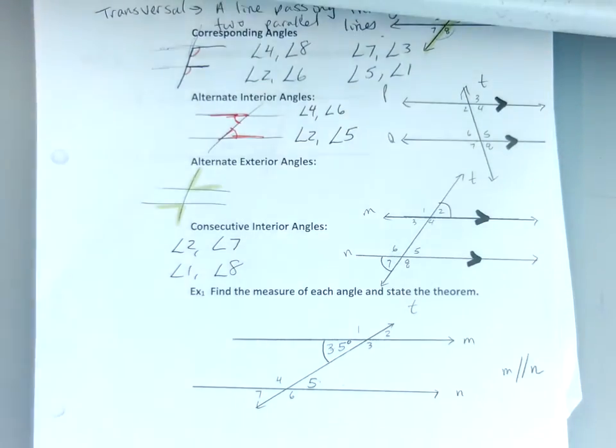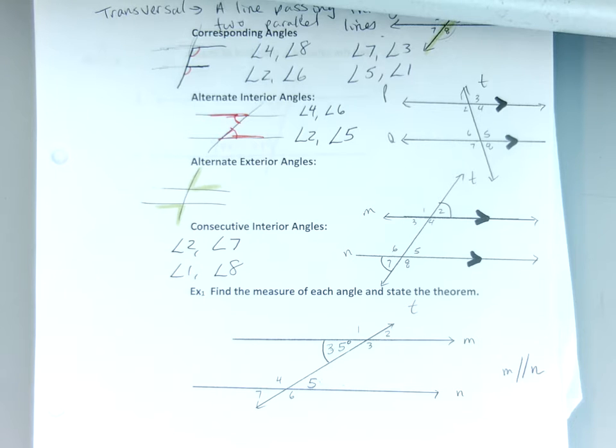Now the one thing we haven't talked about, I'll talk about it real quickly. 5 and 7, but you don't need parallel lines to do it, so it's not one of these. 5 and 7, 6 and 8. But you don't need parallel lines, so it's not one of the things we're going to talk about. But 5 and 7 are equal, aren't they? 6 and 8 are equal, aren't they?